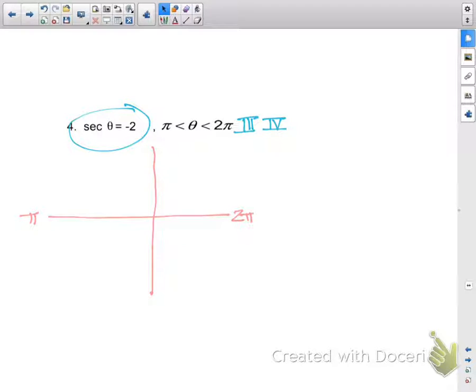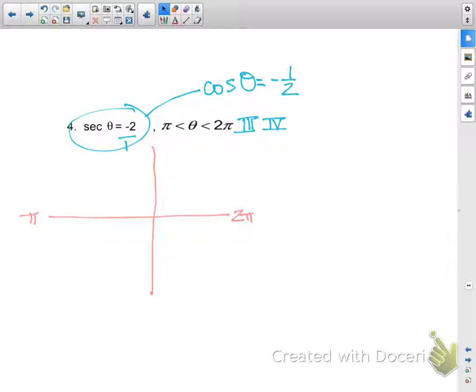All right? Secant. A lot of you are not going to be as familiar with the reciprocal ones, so you can think back and say, if it's secant, what is it the reciprocal of? Cosine. If secant is negative 2 over 1, what is cosine? Negative 1/2.